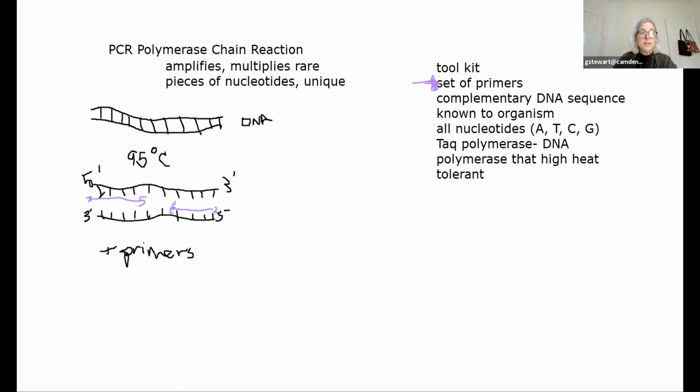And their sequences are going to be different because they're going to be complementary to the DNA here. So we get the primers to stick. So we anneal. I think that's usually at about a 60 degrees Celsius neighborhood.